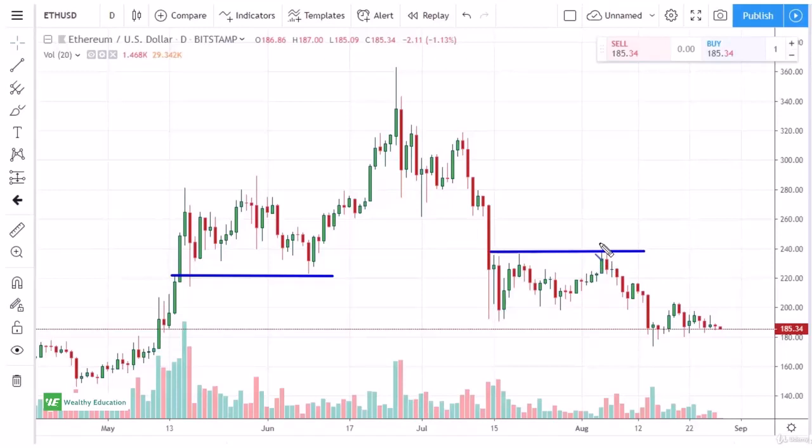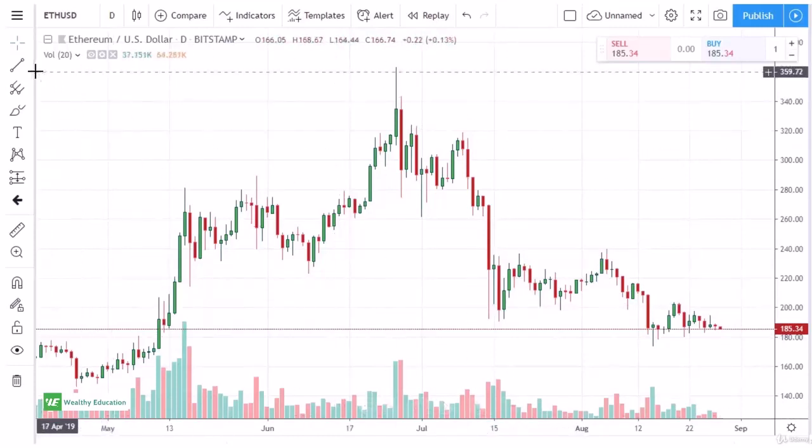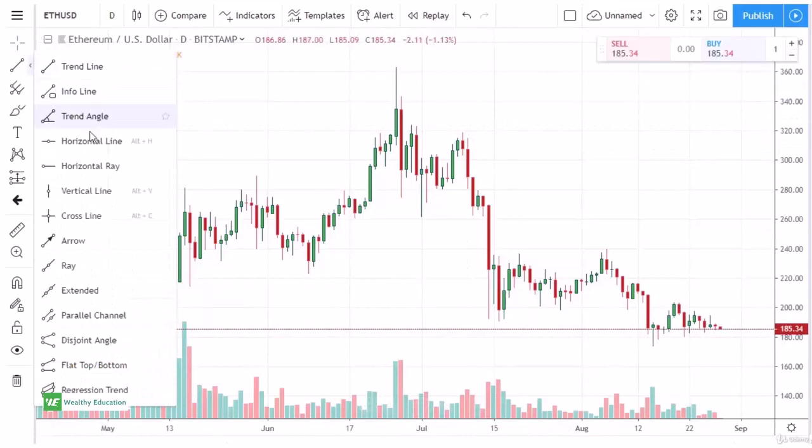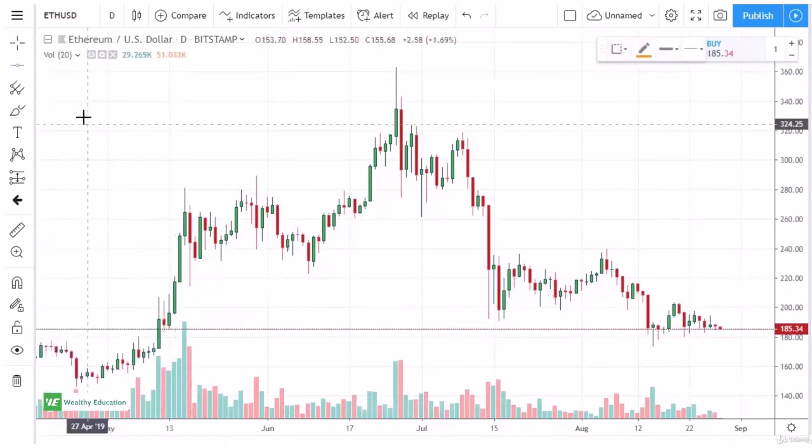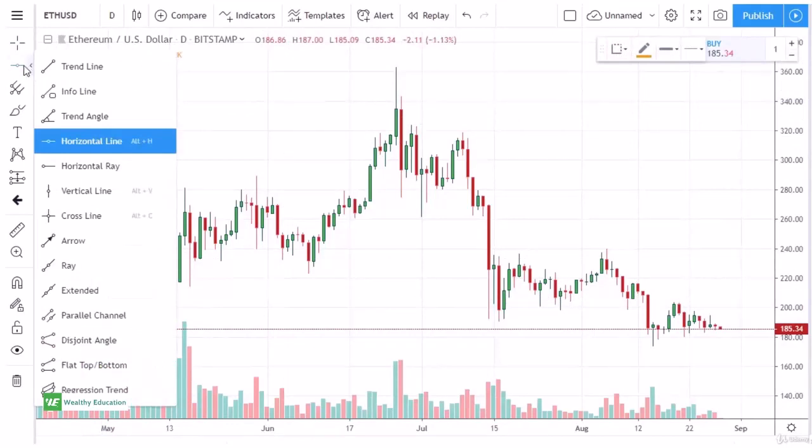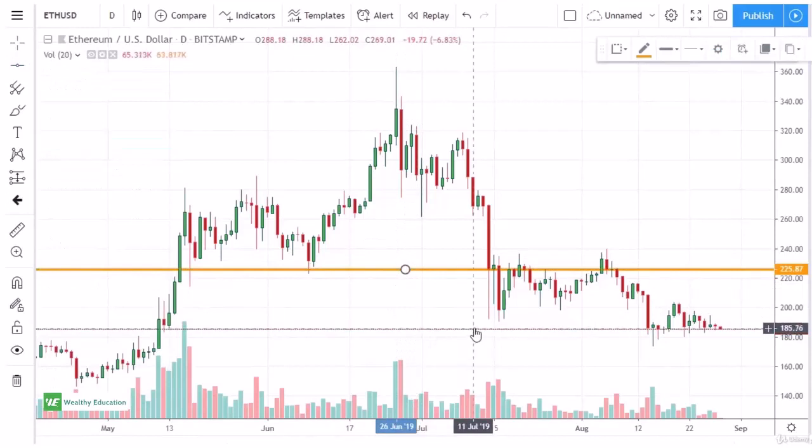Now, support and resistance tends to form at large round figures, and as a result, you can use that to your advantage. In order to do this on TradingView, you click on the horizontal line tool and then you just place it right on the chart.